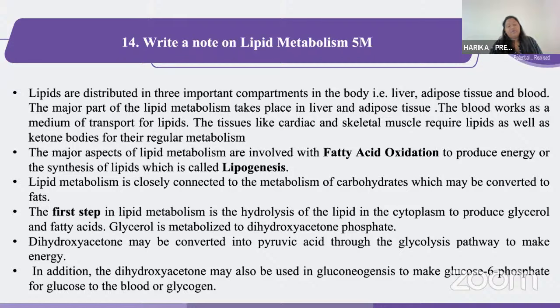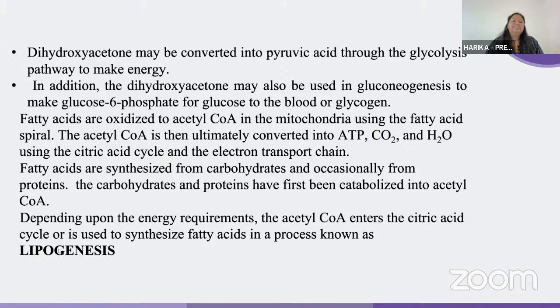In addition, this dihydroxyacetone can also be used in gluconeogenesis for formation of glucose 6-phosphate to glucose, which again helps in energy. So the dihydroxyacetone can also be converted to pyruvic acid, as I have told you.